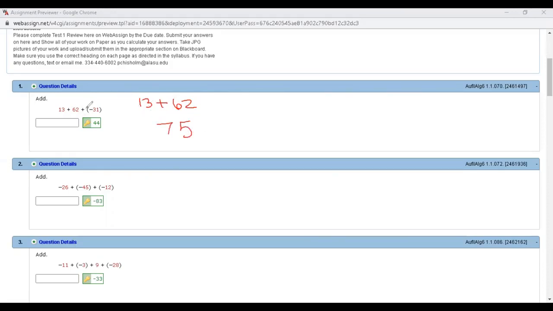Then we got plus negative 31, which is basically minus 31. So now we're going to subtract 31. So we get 44. With the addition and subtraction, of course, we're going to do that from left to right.